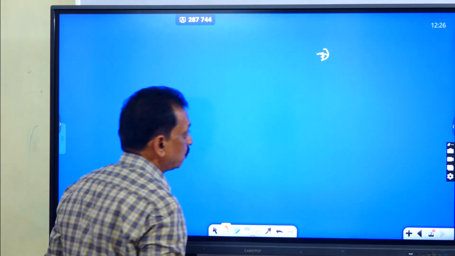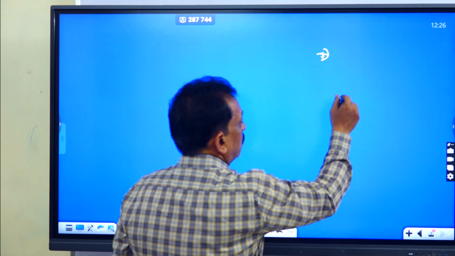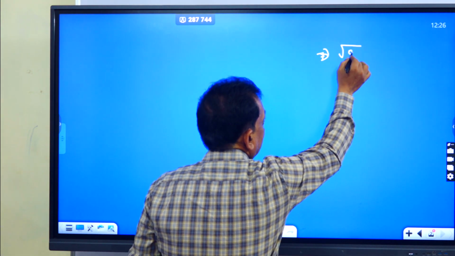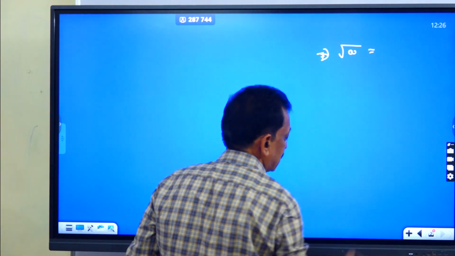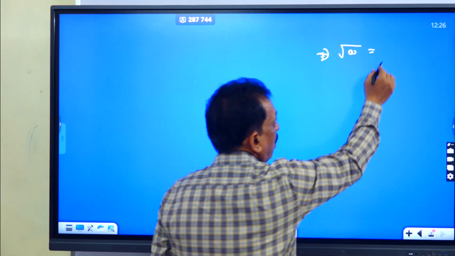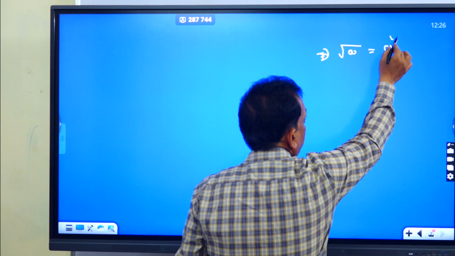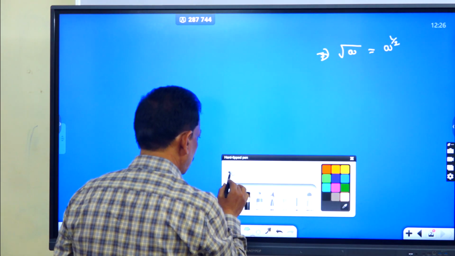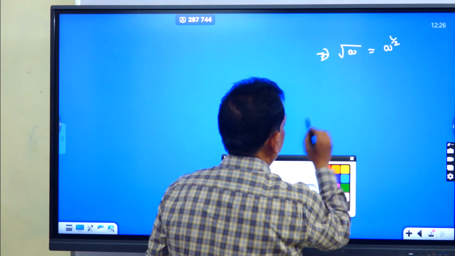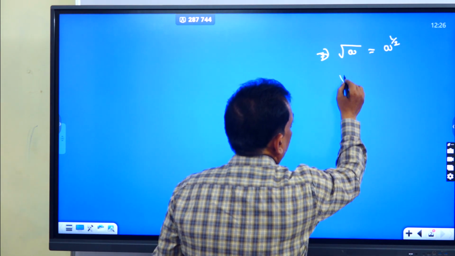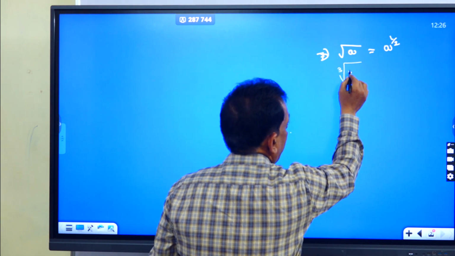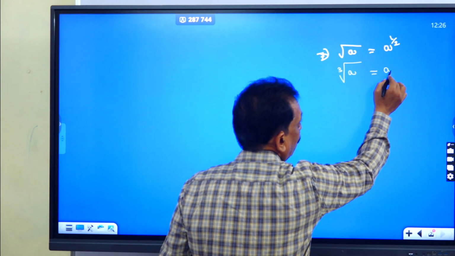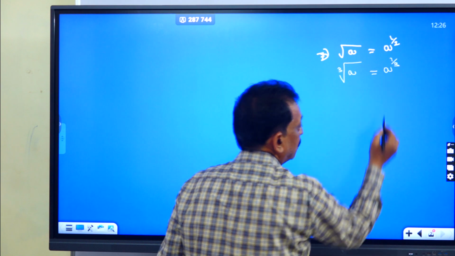Seventh formula concept. Now suppose you are going to write root a. Root a can be written as a to the power of 1 by 2. Now, cube root of a can be written as a to the power of 1 by 3.